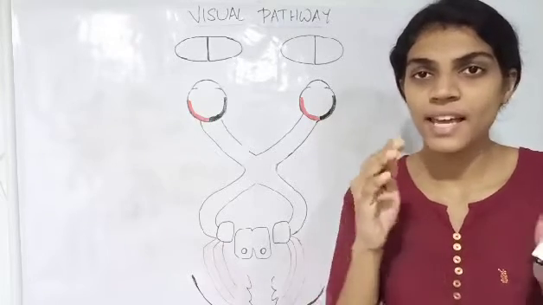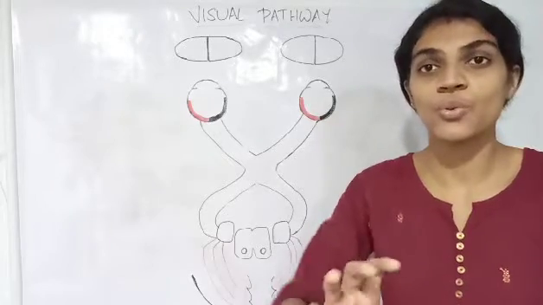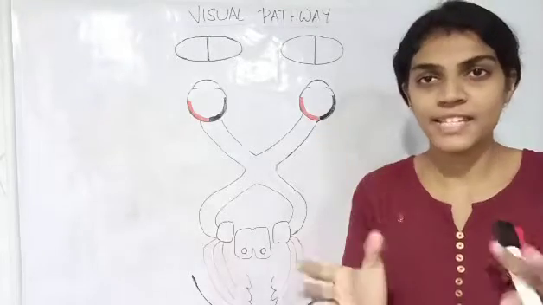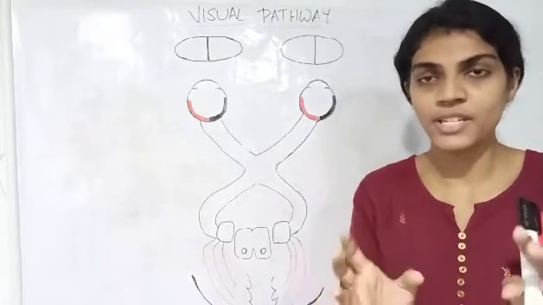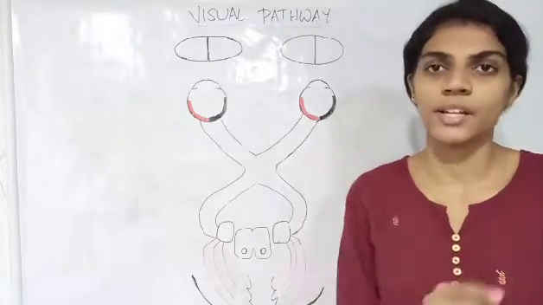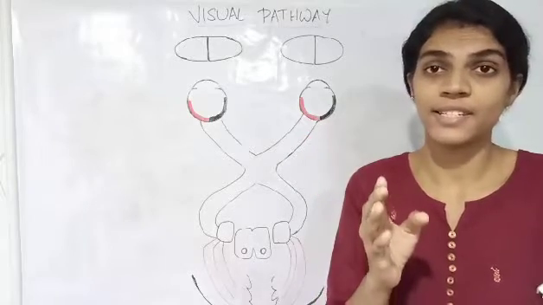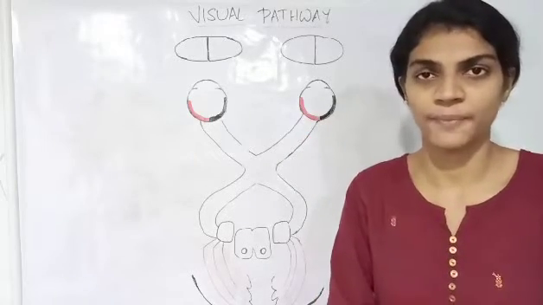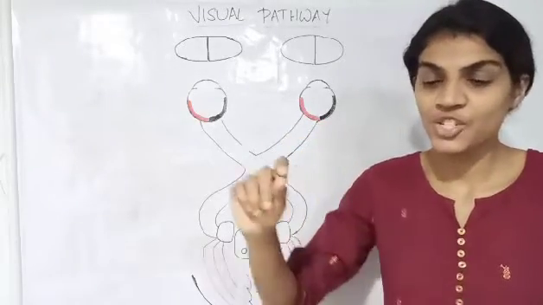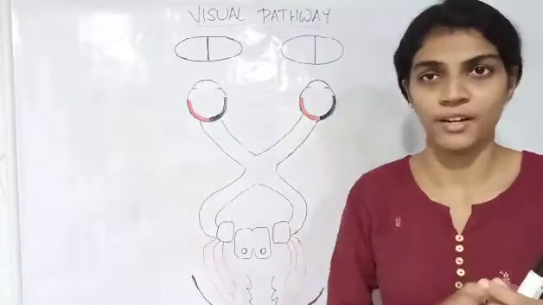These light receptors will convert the light energy into action potential, that is, light energy into electrical energy. And these impulses are transmitted to the brain via the optic nerves.